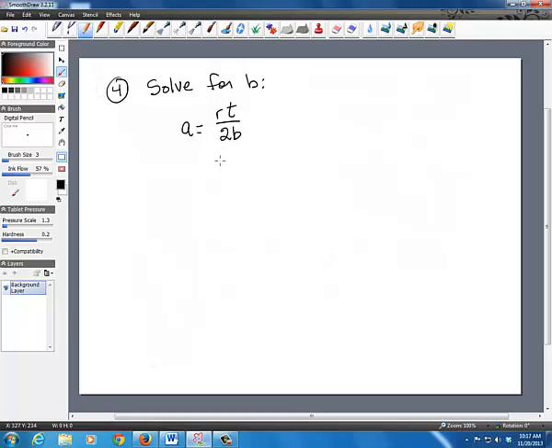To solve for B, I need to first of all multiply both sides by 2B to get rid of the fraction. So 2B times A and RT over 2B times 2B.